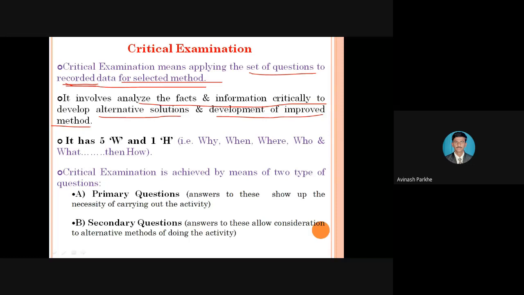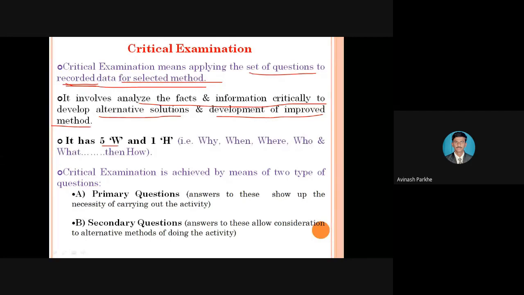But in order to modify that old method, we have to apply the set of questions: why we have to go for the modification, how we have to go for it, who is going to do the modification. Such questions can be asked in this critical examination.